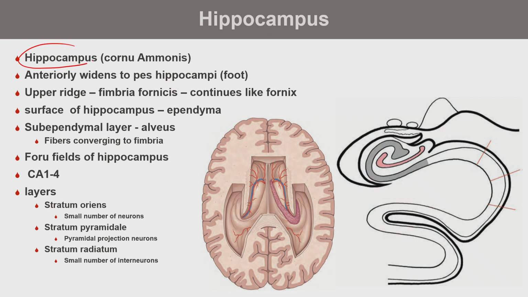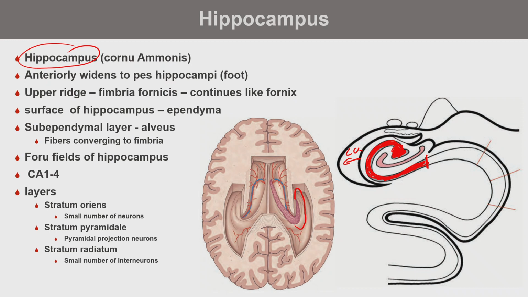Hippocampus is presented on the section like cornu ammonis. This part is the hippocampus. It is emerging into the white matter, and then it is facing the lateral ventricle, and this gray matter, showing like the ammon horn, is localized on the surface of the lateral ventricle.